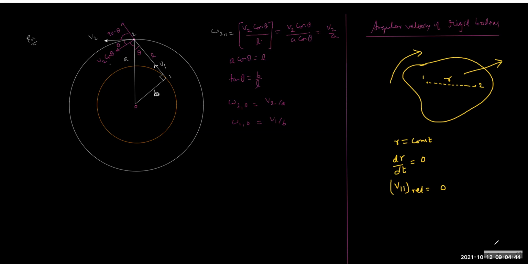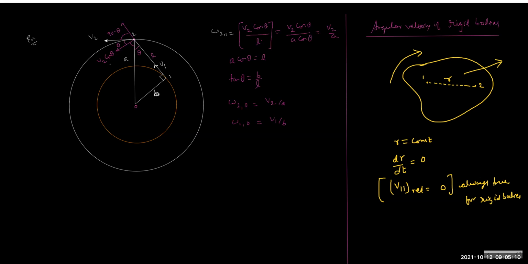That possibility that they will come closer or separate will be 0, and which will give you one expression that V parallel relative is always 0. So this is always true for rigid bodies.